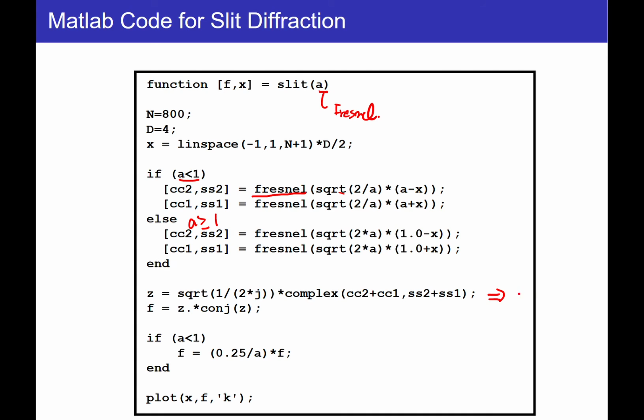This is the U2, and then F is the square. Okay. If A is less than 1, then we have to normalize it with this factor, and then plot function over f as a function of x, and then we have this k with different options for the plot.